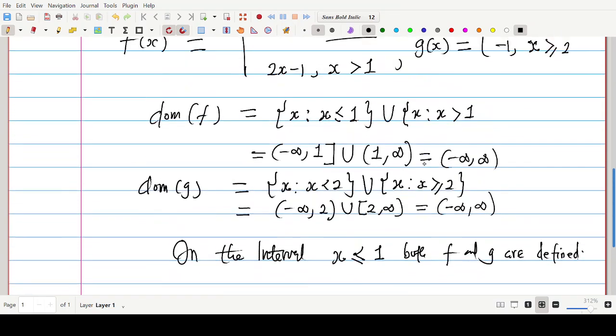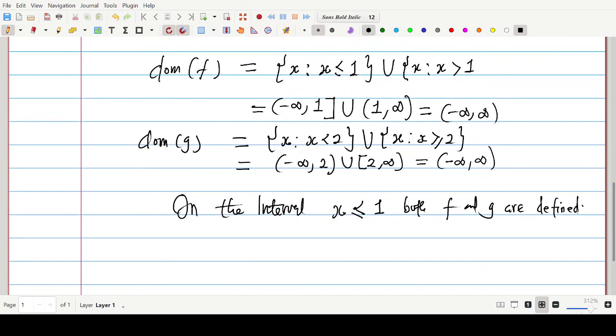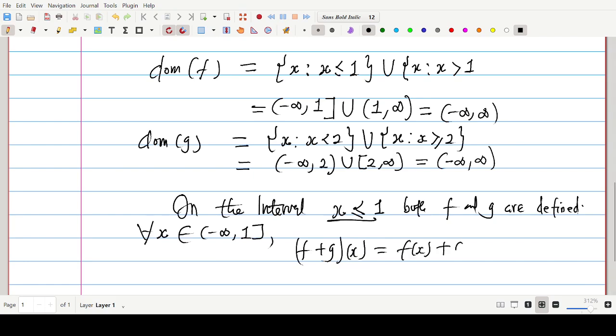So in that case, we can say for all x that comes from this interval, which can be written in notation as minus infinity to 1 inclusive, f plus g of x is equal to f of x plus g of x. That is the definition of the sum of functions.